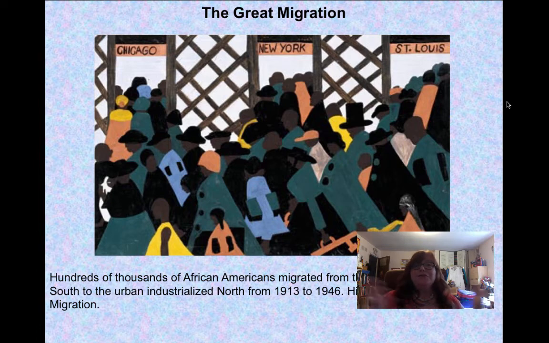And as I mentioned, there's this notion of the Great Migration. You're looking at a part of a series that was done by Jacob Lawrence that I will come back to about the Great Migration.